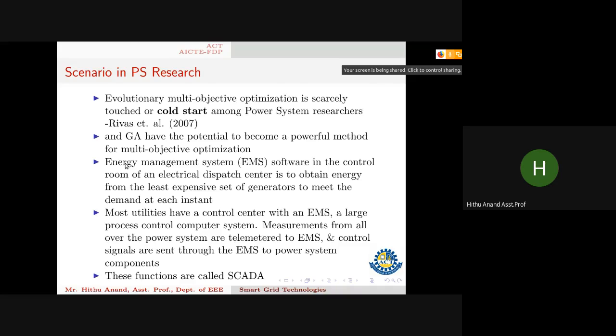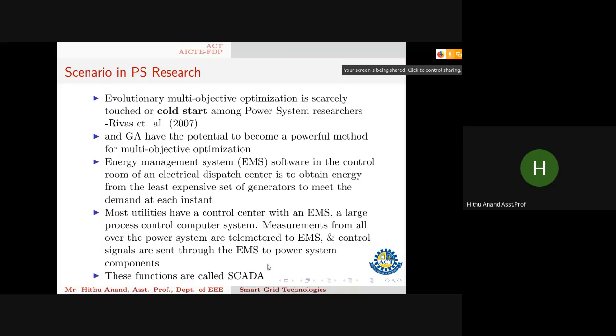And in power system, we know the energy management system plays an important role. The energy management system is where we put our algorithms. Even if you take a microgrid or a power system at substation level, there is a control room. Always in an industry also, there will be a control room, and they will have a SCADA, supervisory control and data acquisition.